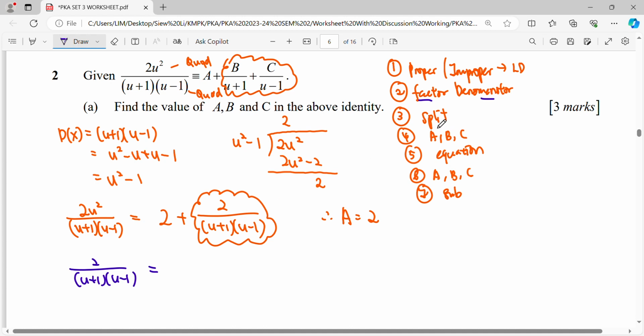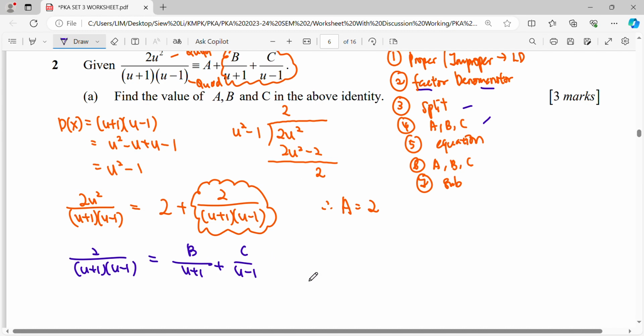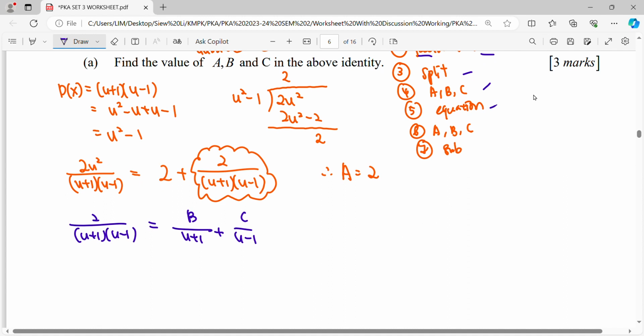So split according to the factors, and we can see here both are linear factors, u plus 1 and u minus 1, and also denoted here as B and here as C. When you have a linear factor, the numerator is a constant. Then we get to one equation, getting the same denominator. So B needs to multiply with u minus 1, C needs to multiply with u plus 1. So you get one equation.